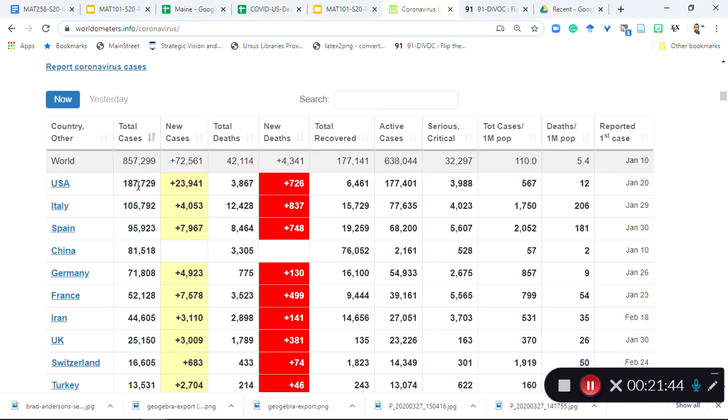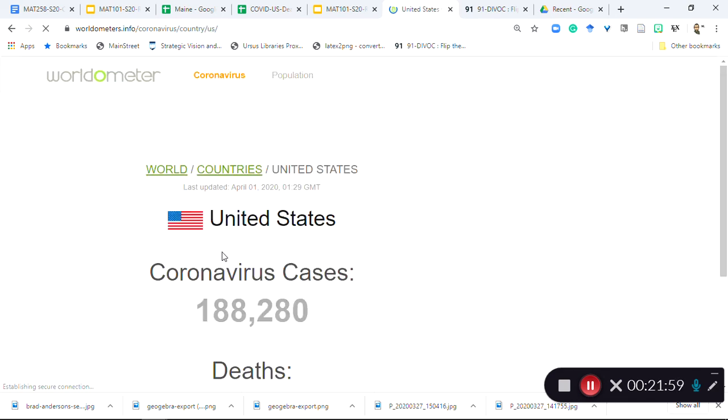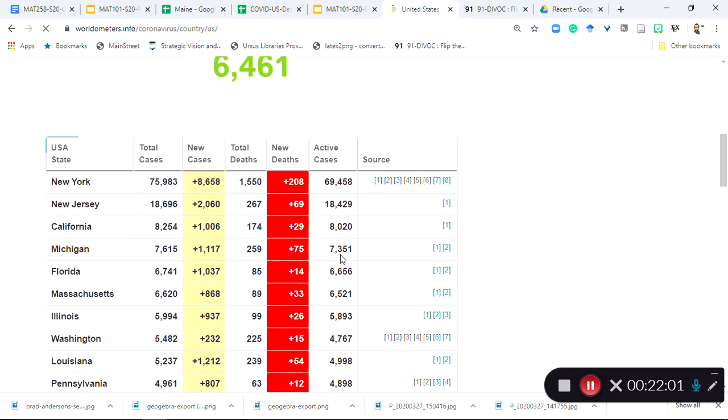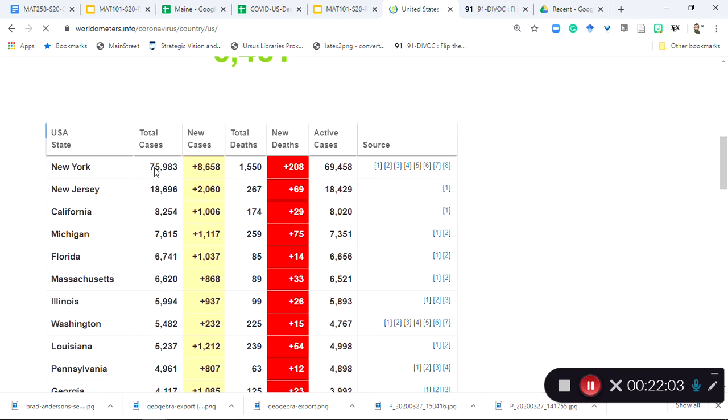We'll probably break 200,000 by tomorrow, April 1st. And if we go specifically to the United States, go down, we can see, I think I talked about this in lesson 2. It was under 50,000. Now we're at 75,000 in New York.